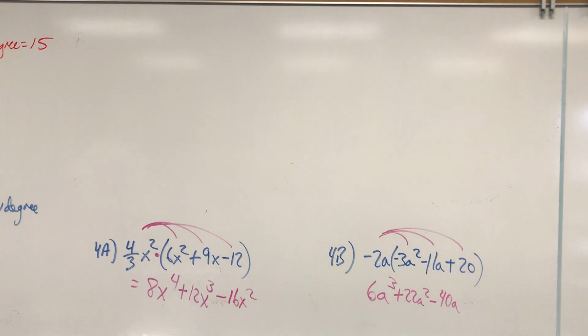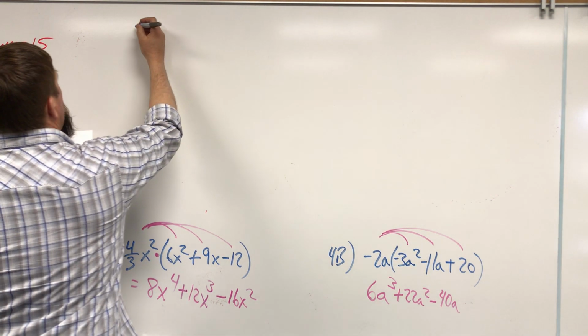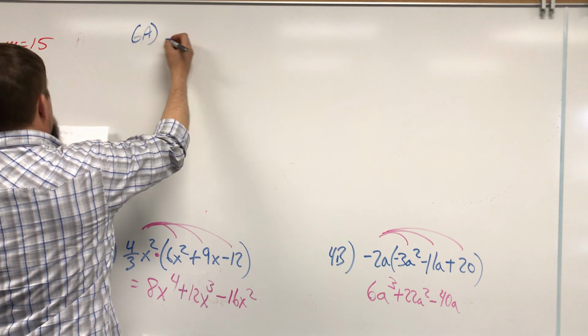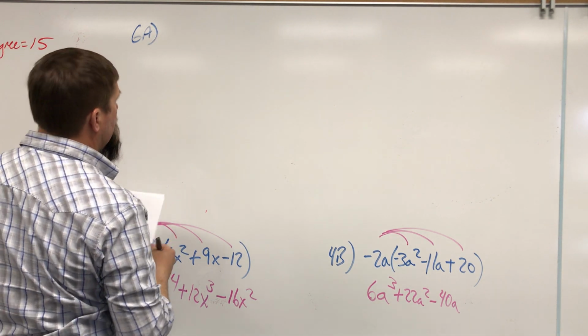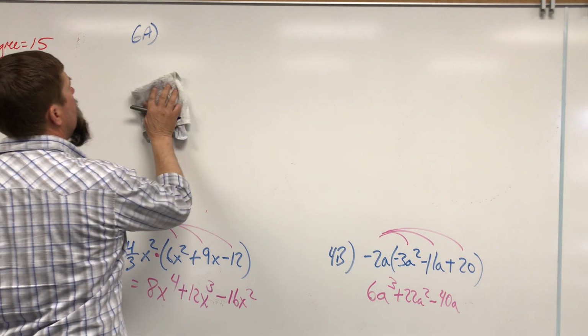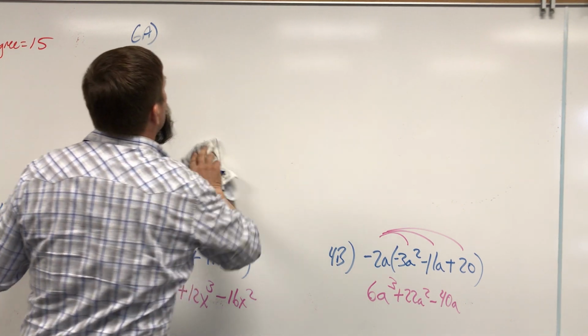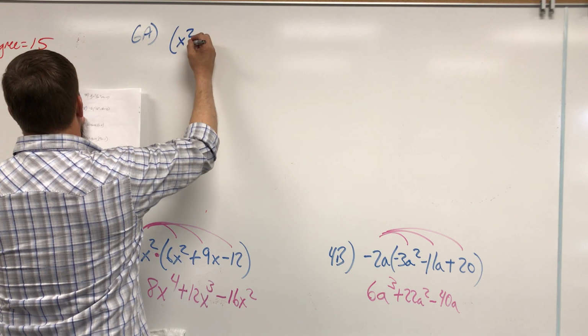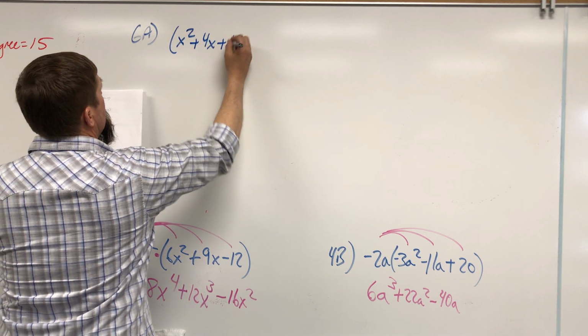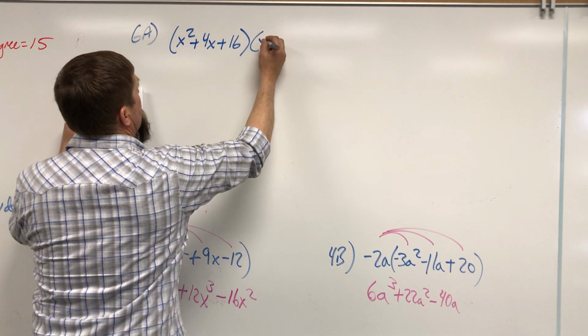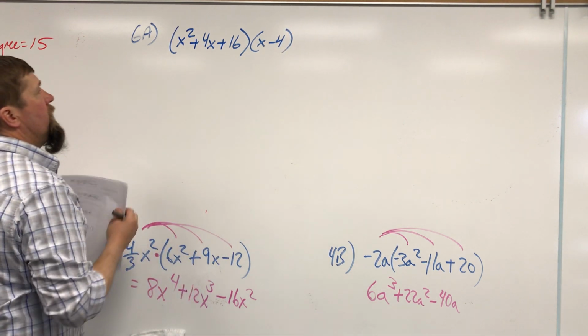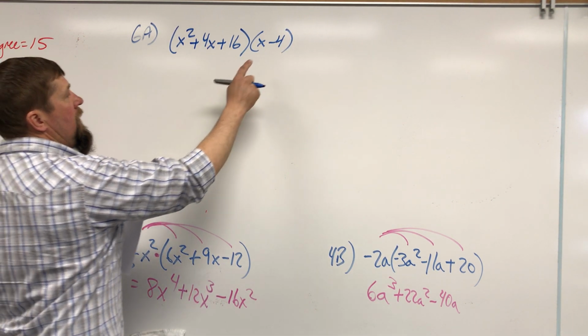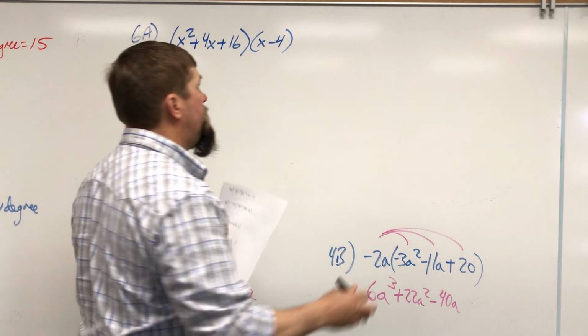All right, so 6a is x squared plus 4x plus 16 times x minus 4. So this time we're taking a trinomial times a binomial.